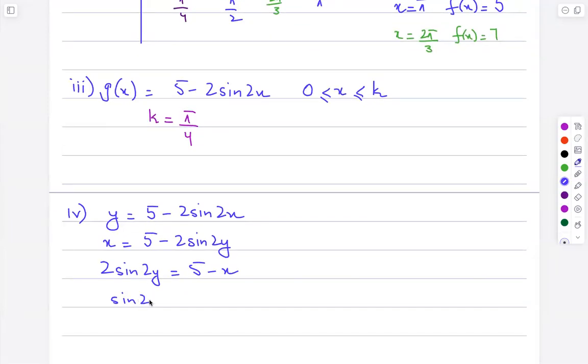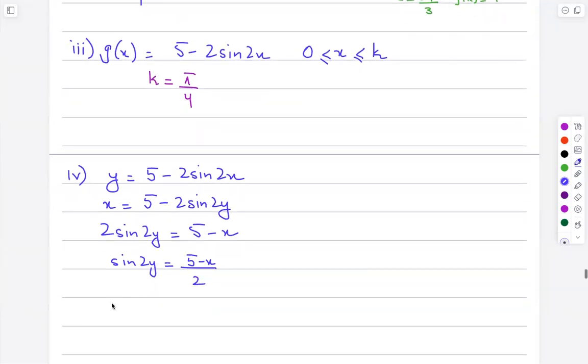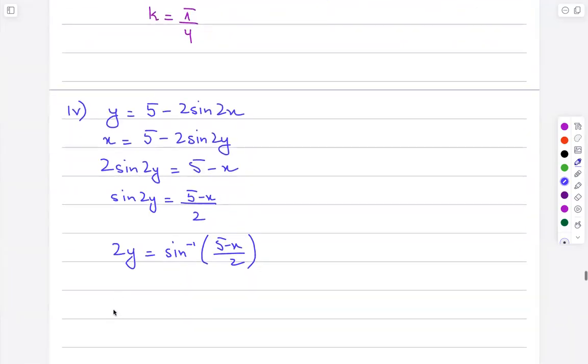Dividing it by 2, that will become 5 minus x upon 2. Now taking sine inverse, 2y will be equal to sine inverse of 5 minus x upon 2. And then finally, to find the value of y, we'll divide the whole function by 2.